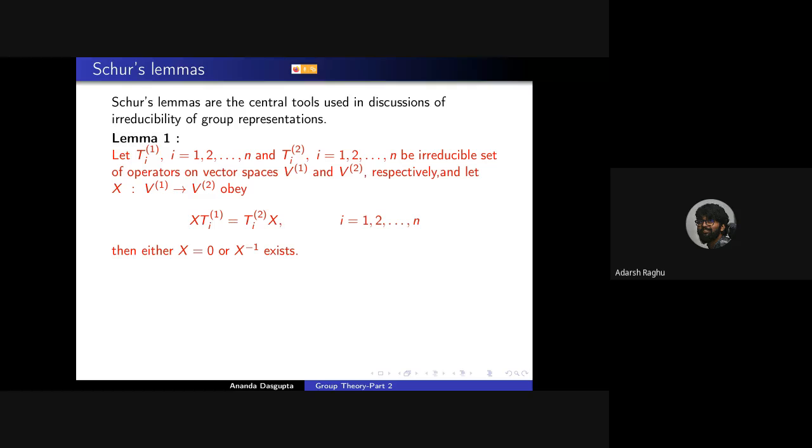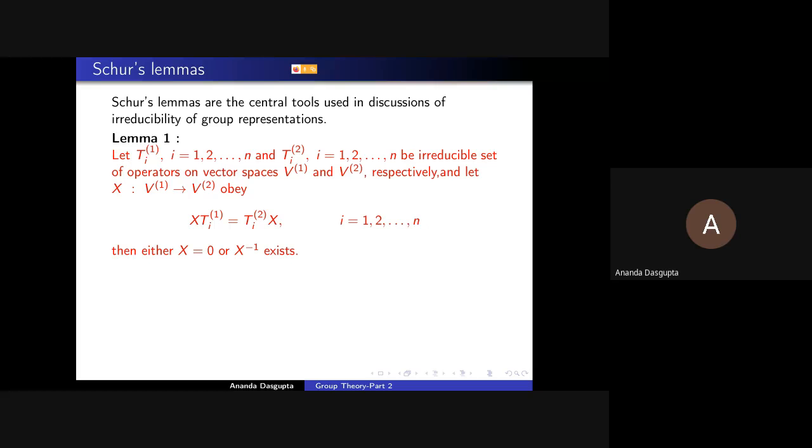Okay? Yes, sir. So I would not really call X an operator all the time, because X typically is a linear map between two different vector spaces. Of course, if V1 and V2 are the same space, then X would be a map from V1 to V1, and then you would usually call X also an operator.